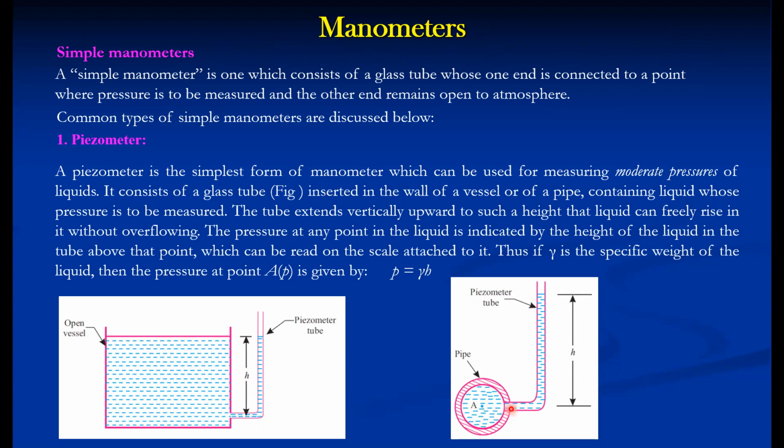If this is some oil, then the H is measured in meter of that oil. So this H is meter of some liquid. So it is not only a height, it is called a pressure head. It is measured in meter of some liquid.